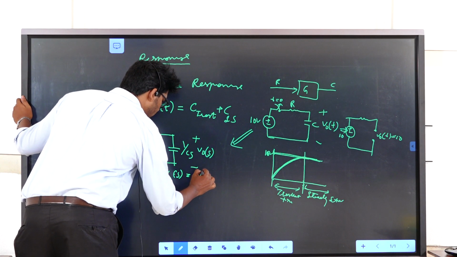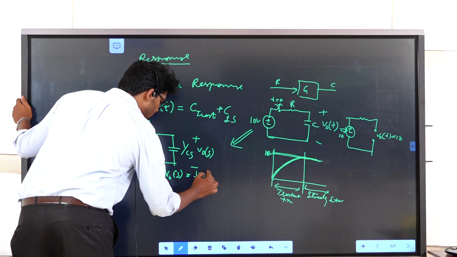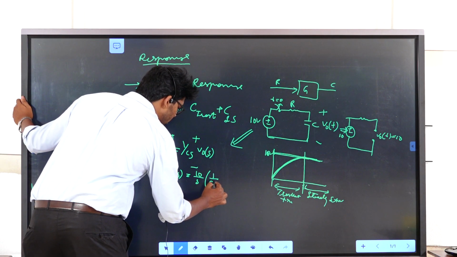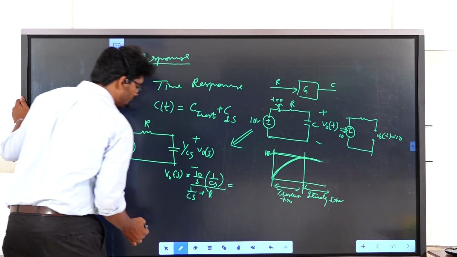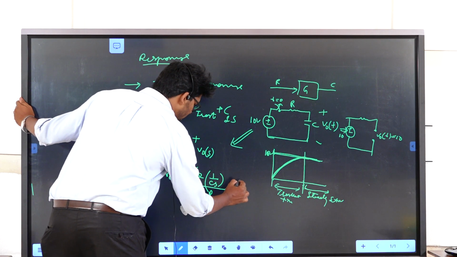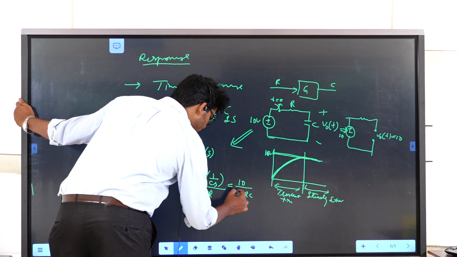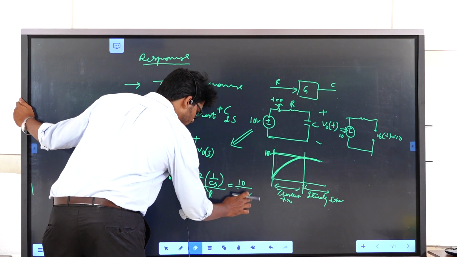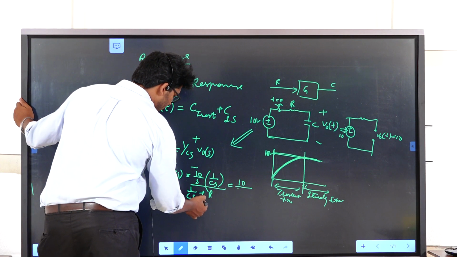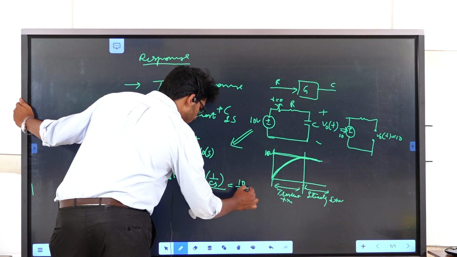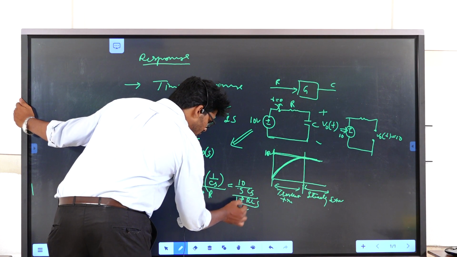The input is 10 by S, multiplied by 1 by CS divided by 1 by CS plus R. Further, if you do the calculations, taking CS common, the CS gets cancelled.